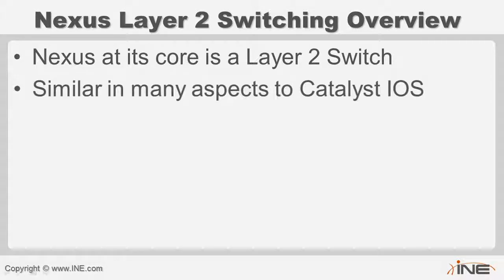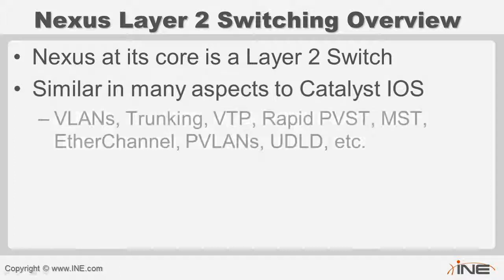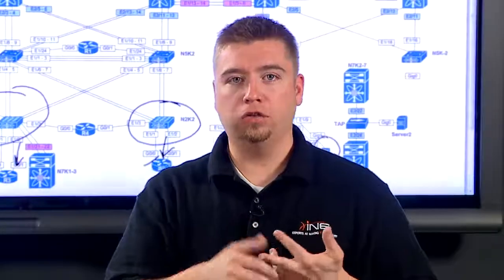Okay, so we're going to see that a lot of the aspects are very similar to how regular Catalyst IOS works, but there are going to be some key caveats where we need to look at the differences. So some of the main similarities, we have things like VLANs, trunking, VTP. Spanning tree is supported only in Rapid PVST and in Multiple Spanning Tree.